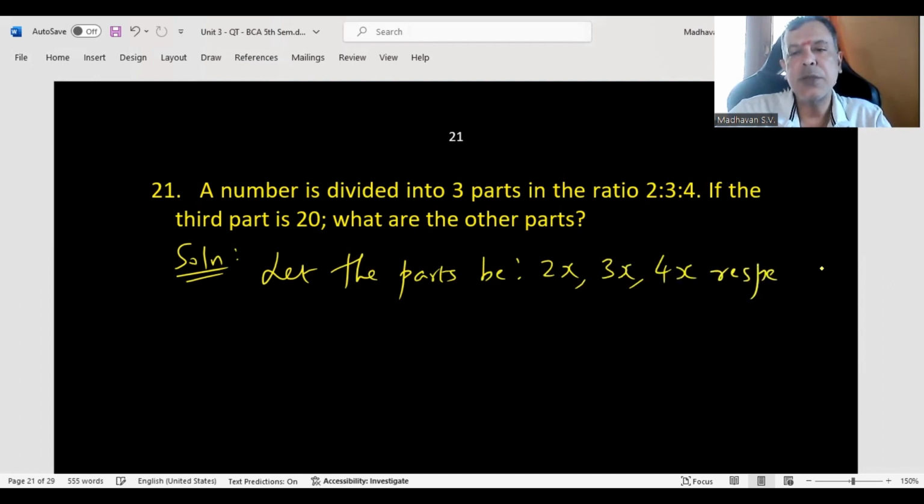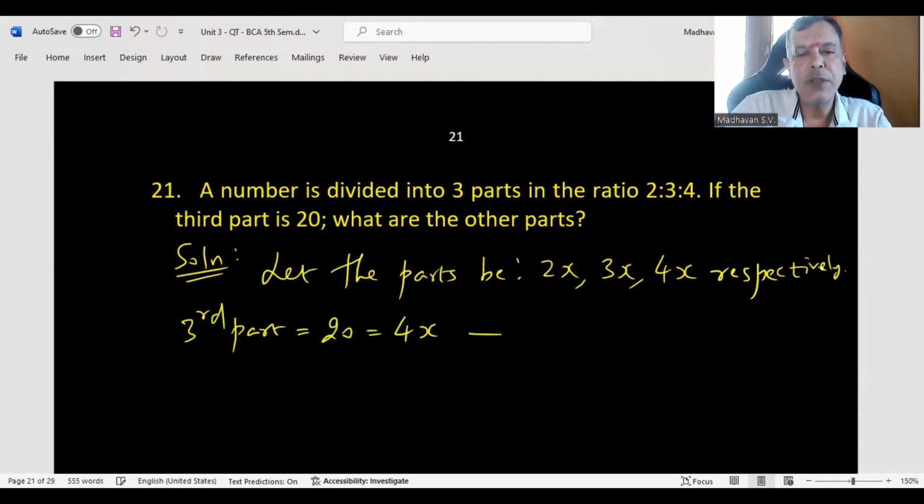Means the first part is 2x, second part is 3x, third part is 4x.